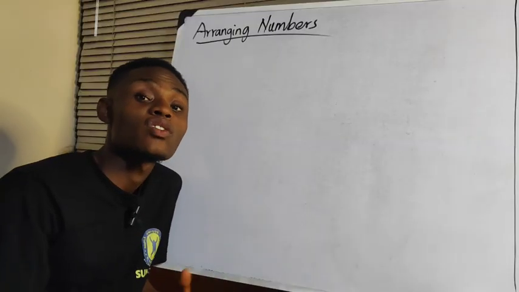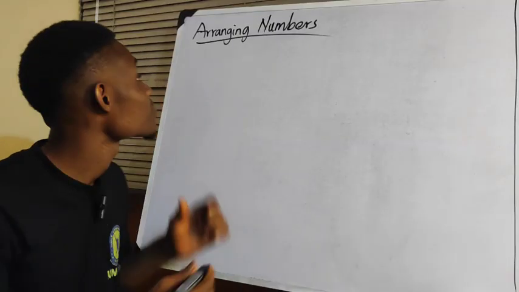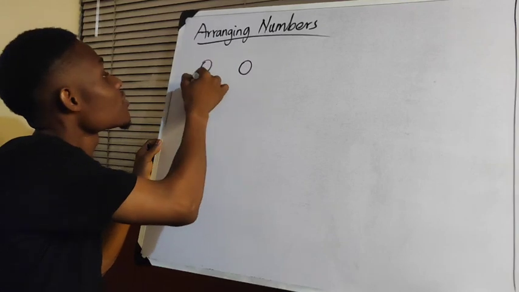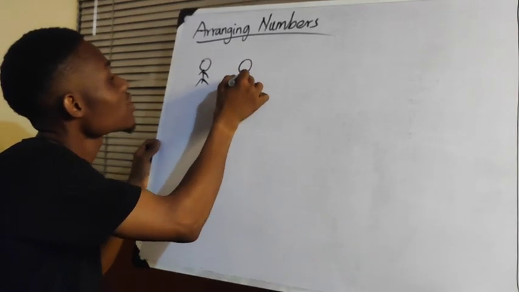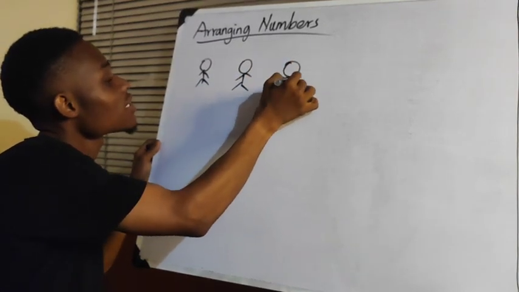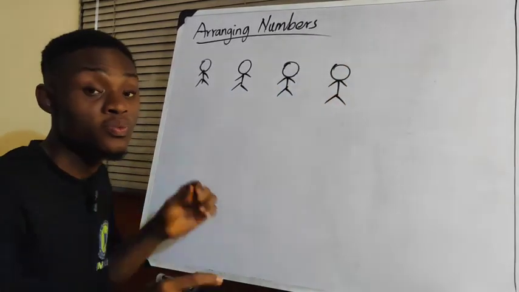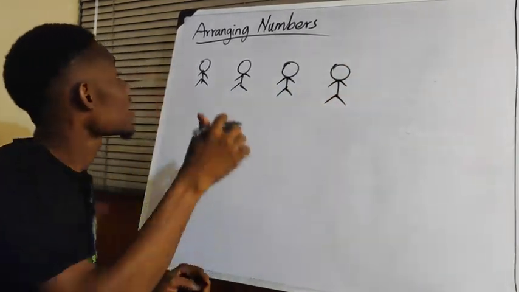Now, let's say your mommy gives you some candies to share with your friends. So we have you here, and we have your first friend here, your second friend, and your third friend. So we have 4 people, right? And this is you.